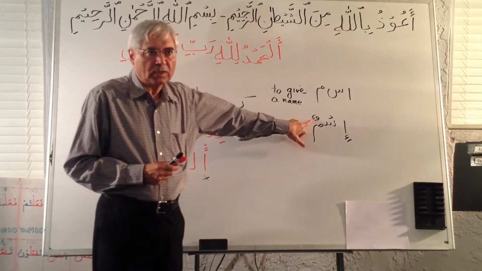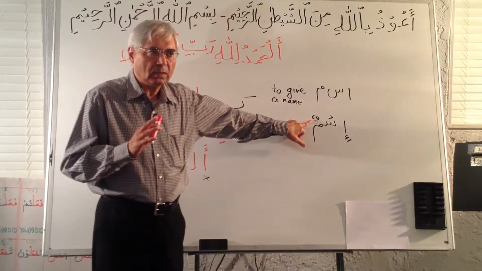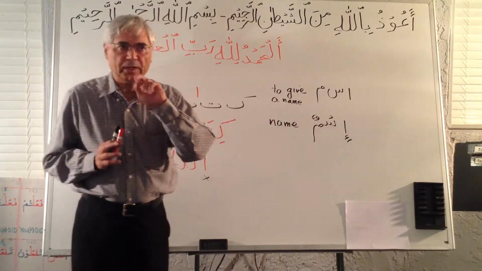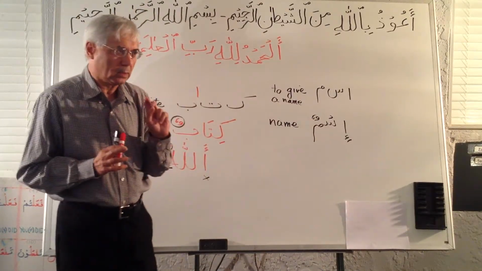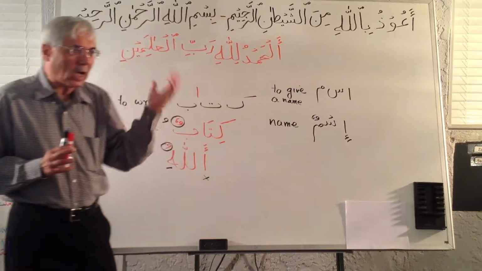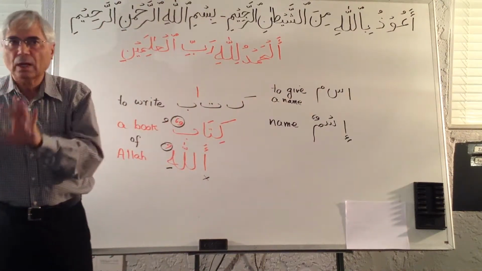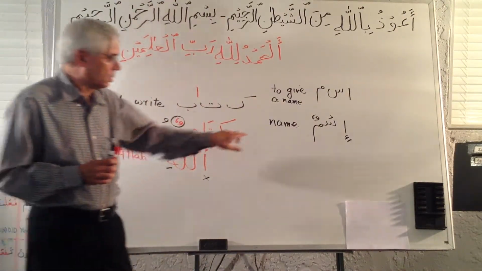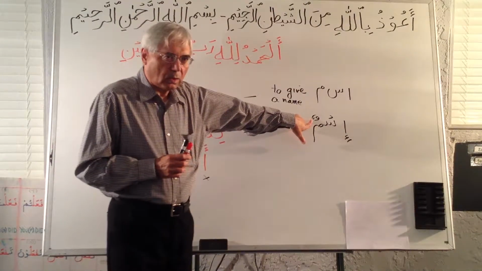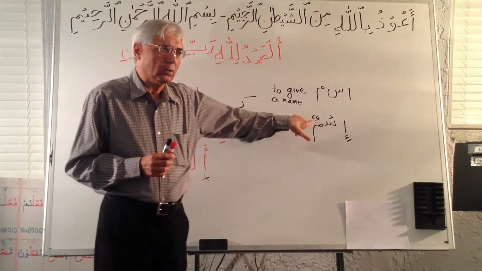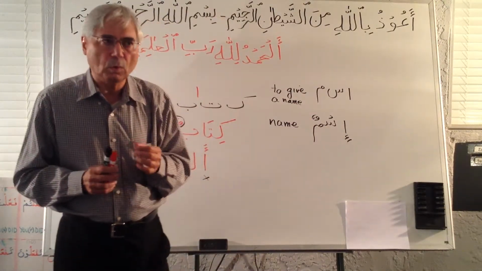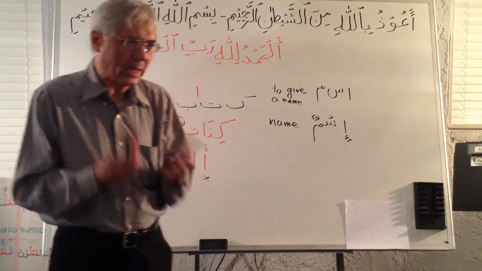The important thing to notice again is that the last letter will have two dhammas on it, just like Hamdun, Kitabun. All the nouns will have two dhammas at the end. So the word is Ismun, which means name.